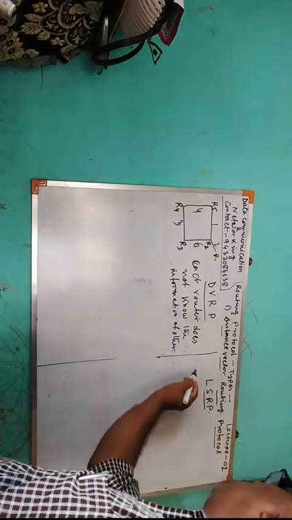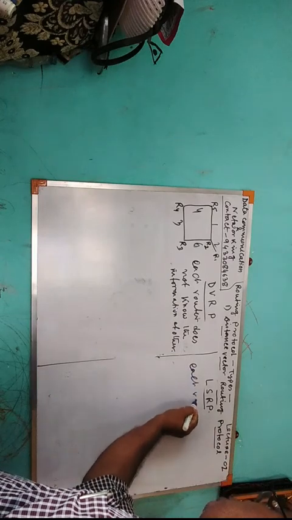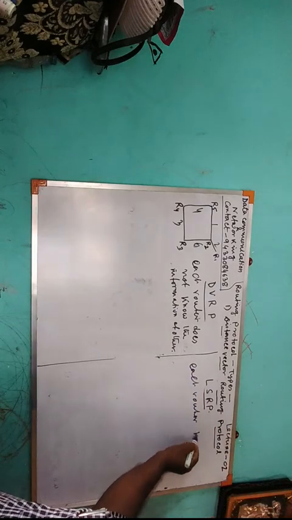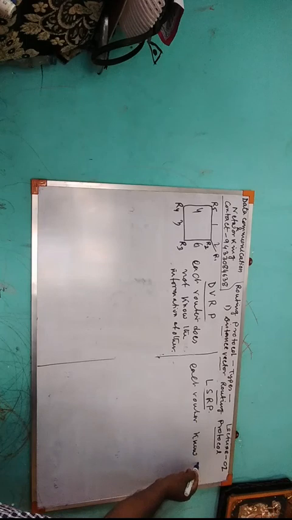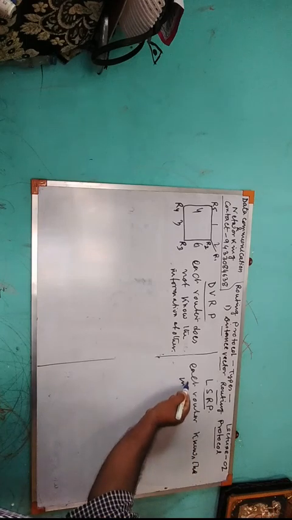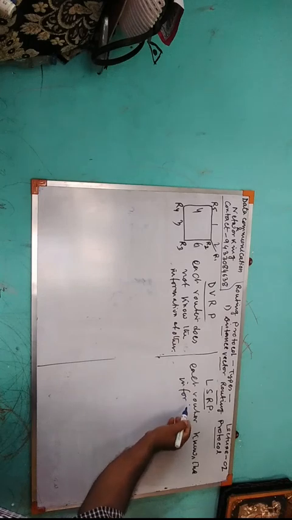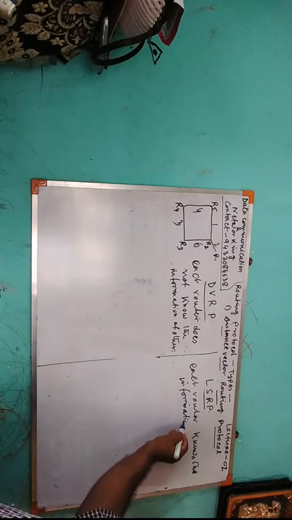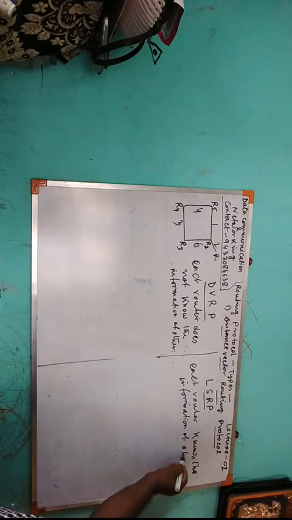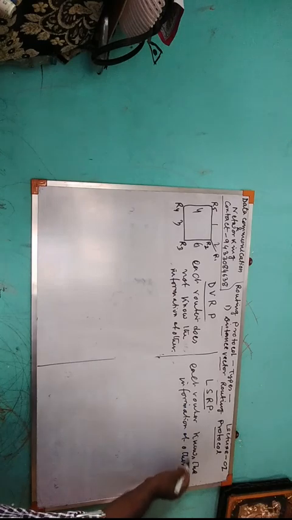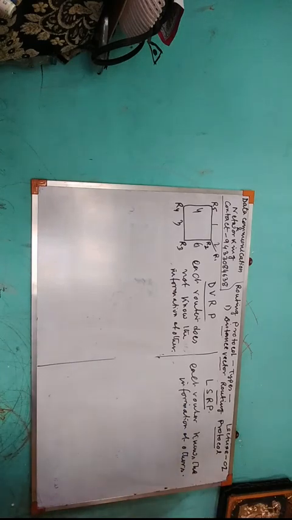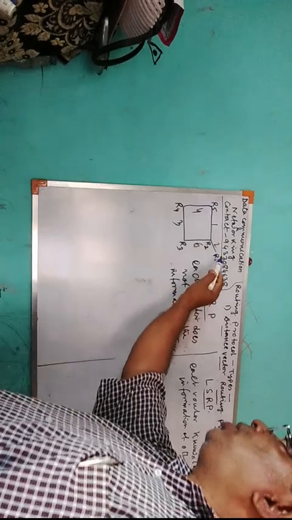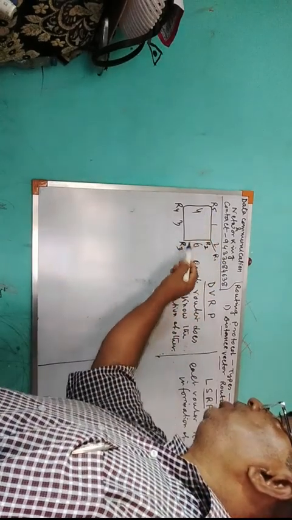Here, each router knows the information of others. So this router knows the information of this and this only.